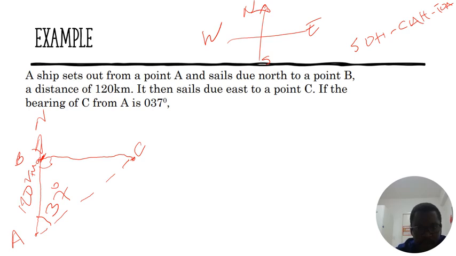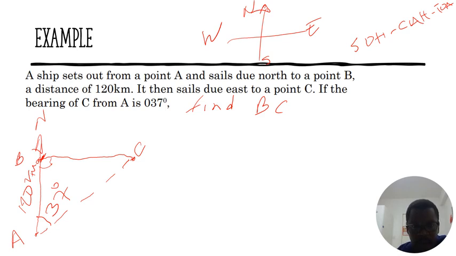So the first question should be find BC. Okay, so you have a right-angled triangle. This is the angle 37 degrees. That's 90 degrees, which means your hypotenuse is AC, your adjacent is AB.